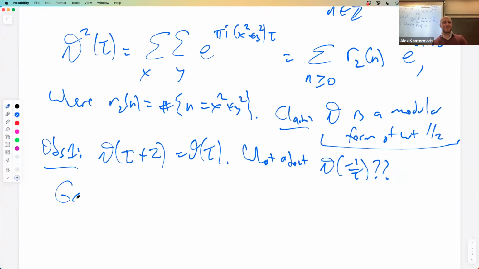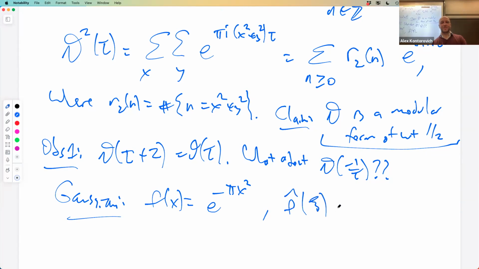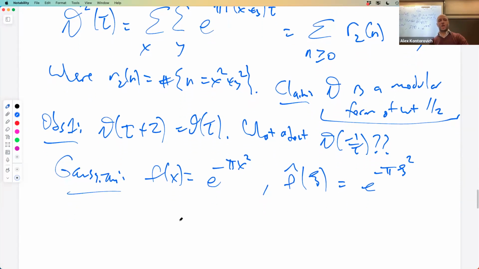Remember the Gaussian? Remember our Gaussian function? f of x is e to the minus pi x squared. What's its Fourier transform? e to the minus pi x squared. If I set f sub y of x to be f of x times y, do you remember what happens to the Fourier transform, f sub y hat of xi?